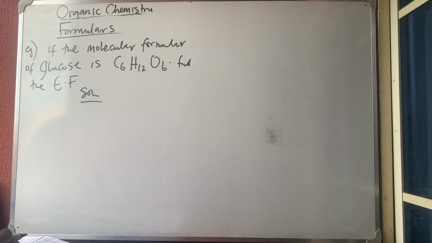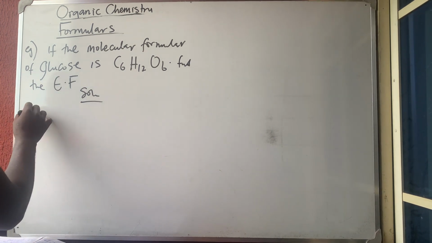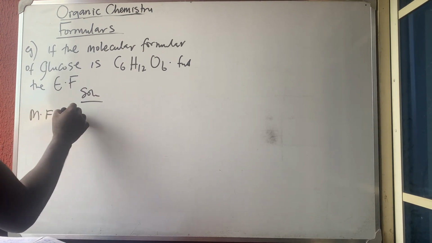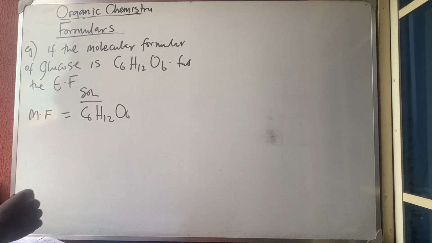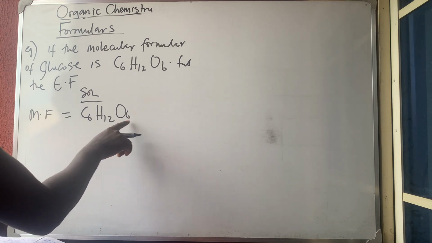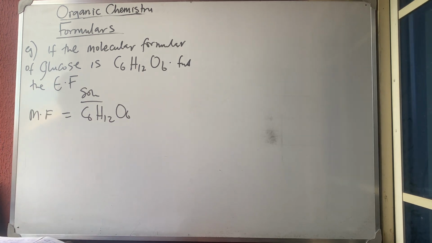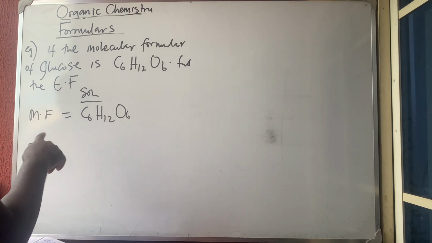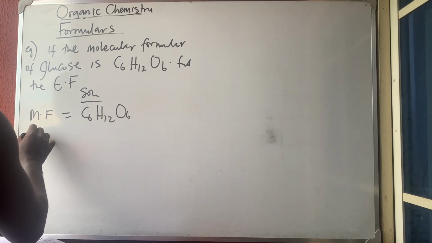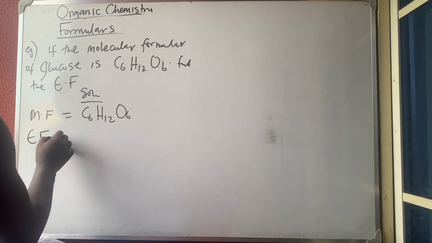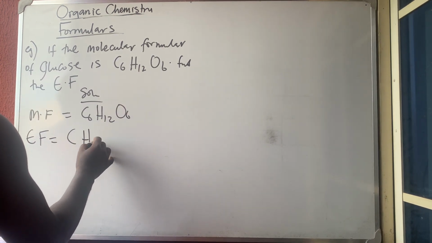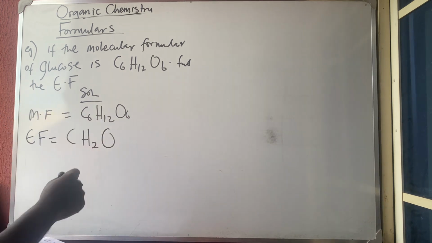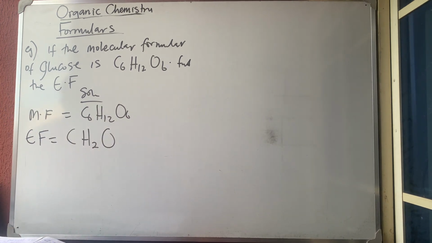Solution. Now if you look at this, you see that the molecular formula is simply C6H12O6. Now the highest common factor of all these is what? 6. 6 is the highest common factor. So if you divide each of them by 6, you will find out that the empirical formula will be what? C, 6 divided by 6, 1; H, 12 divided by 6, 2; O, 6 divided by 6, 1. So this is the empirical formula.